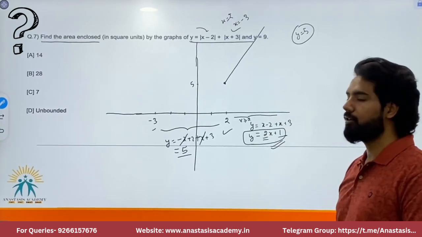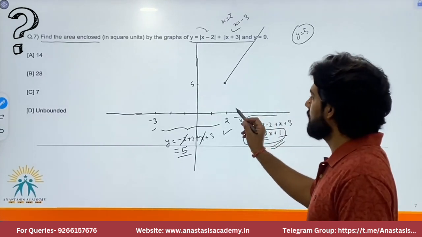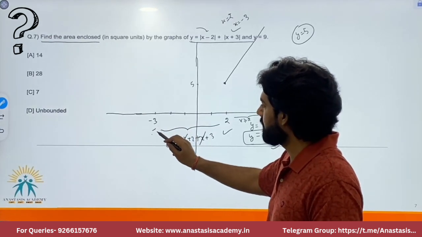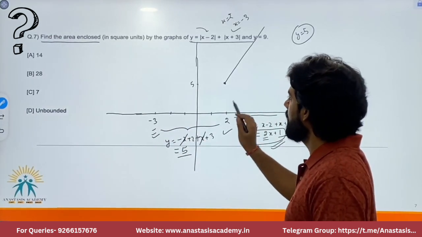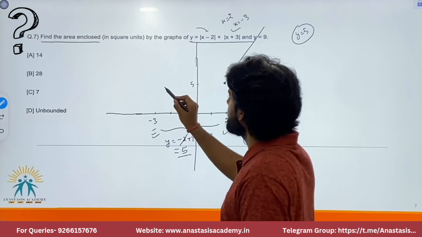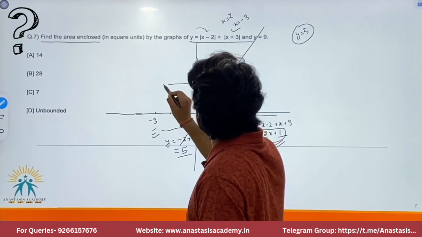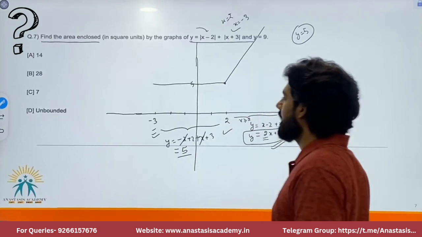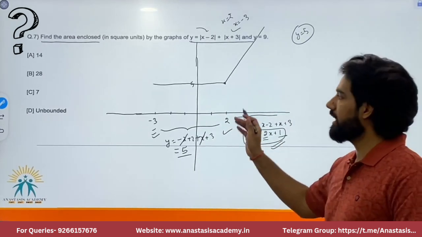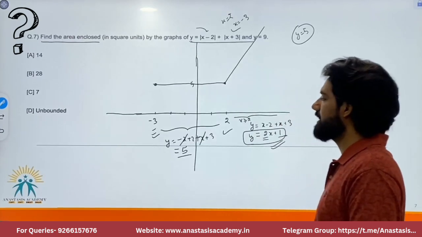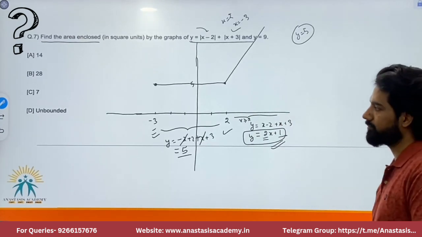So y takes a constant value of 5, and from x minus 3 to x equal to 2, the graph of y will be a straight line parallel to the x-axis.